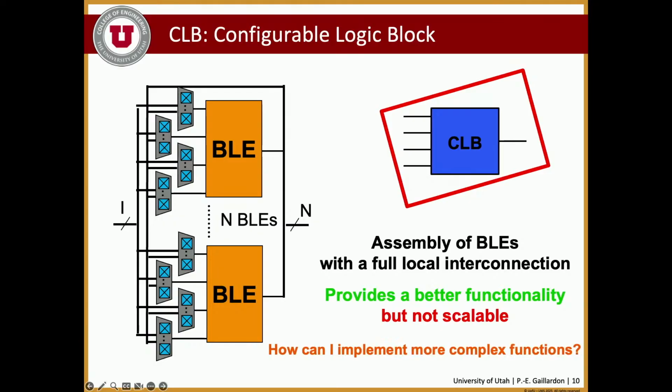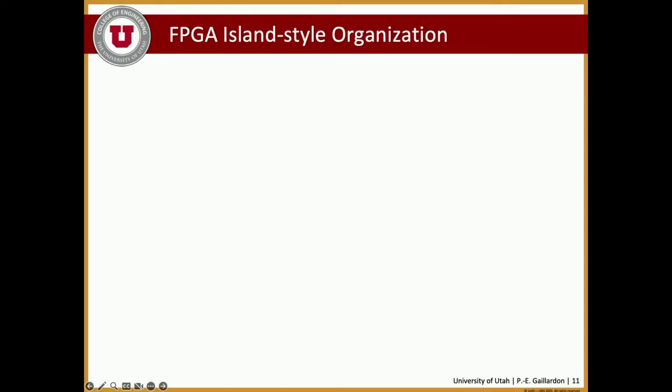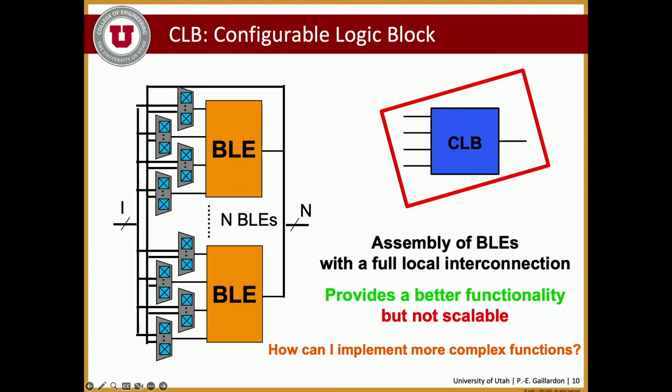Now, from there, what can we do? Well, we're going to find ways to implement even more complex functions, and for that, we're going to implement an island-style organization. So far, everything we have done could be fully interconnected or partially interconnected, depending on how you want to optimize things, right? But one thing is for sure, you cannot rely just on that PAL-type feedback with a bunch of multiplexers in front.